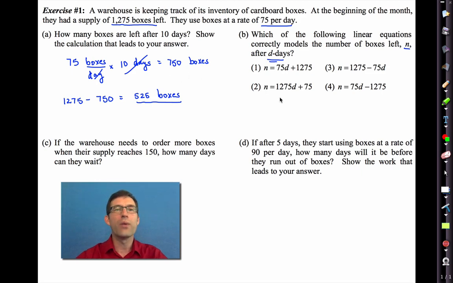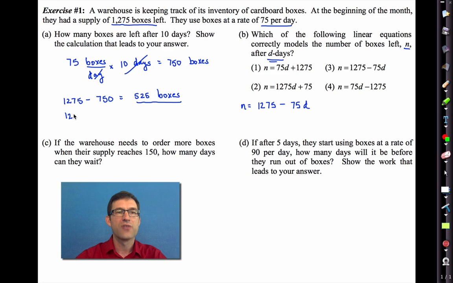Well, think about what we did. We took 75 and multiplied it by the number of days, and that's how many boxes we had used. But then we took that amount and subtracted it from 1,275, and that gave us the number of boxes left. That's exactly what we did.